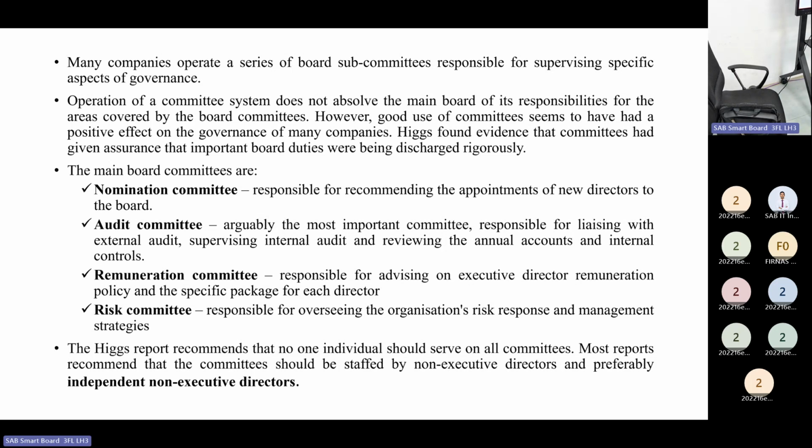Operation of a committee system does not absolve the main board of its responsibility for the areas covered by board committees. And මේ committee දැම්මා කියලා මේ committee එකකින් කොයිම වෙලාවකවත් the main responsibility that the board has cannot be underestimated.